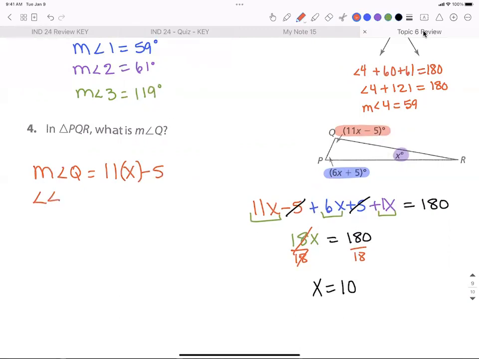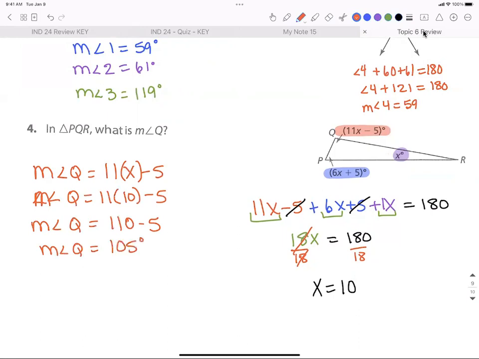So the measurement of angle Q equals 11 times 10 minus 5. What's 11 times 10? 110 minus 5. So the measurement of angle Q equals 105. And that's where you put the degrees, Olivia. So we now know the measurement of angle Q.